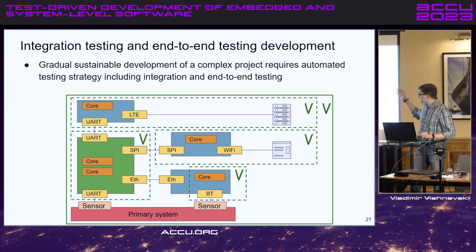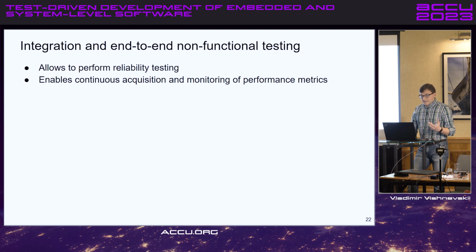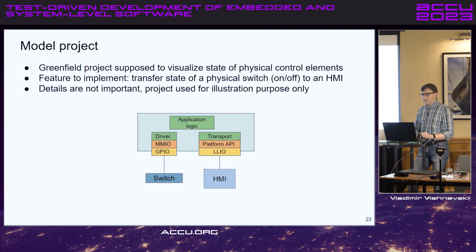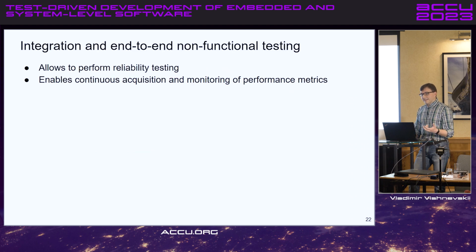Because we need some integration testing of components, then we probably need to verify it as a whole. Plus, integration and end-to-end testing allow us to perform reliability testing, to continuously collect performance monitoring and performance metrics. So this is something that might be required.